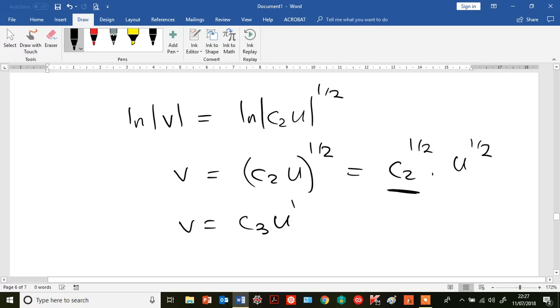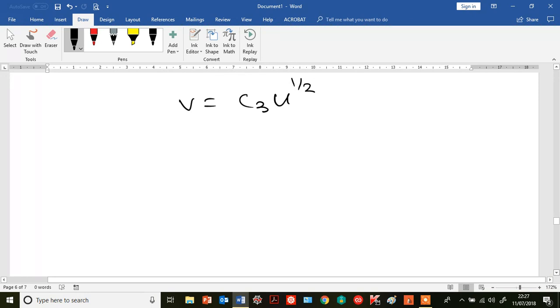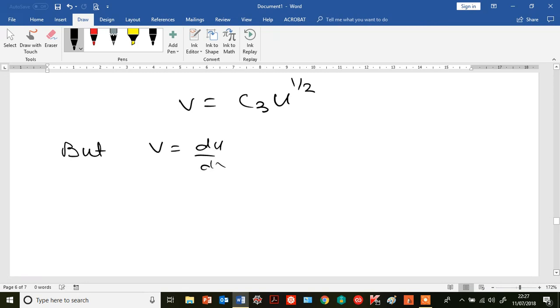So we've got C3 times u to the half, and we know from above, because we've defined this to be the case, that v equals du by dx.